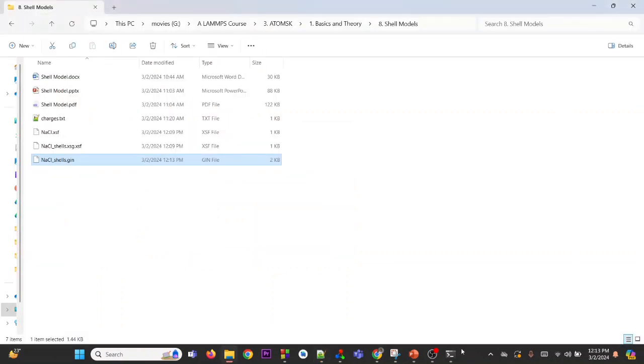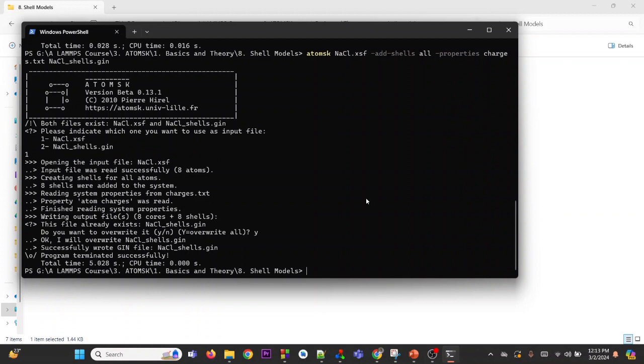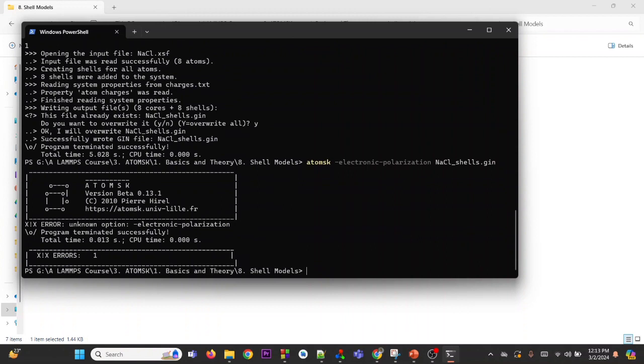Next, if you want to calculate the electric polarization, or the electronic polarization, you can do that with the help of ATOMSK. So ATOMSK, electronic dash polarization, we are running this on the .gin file.